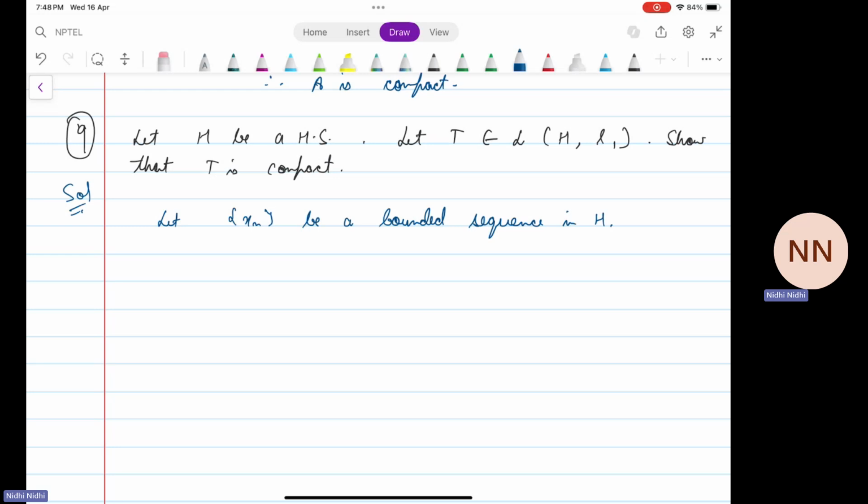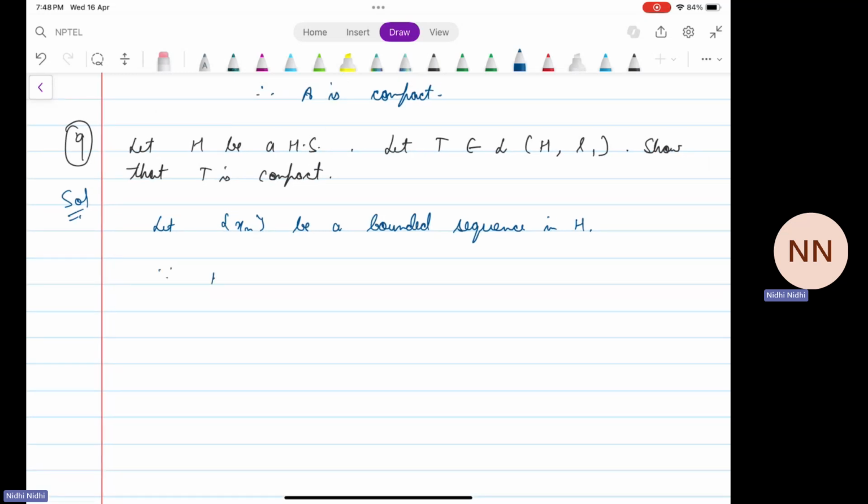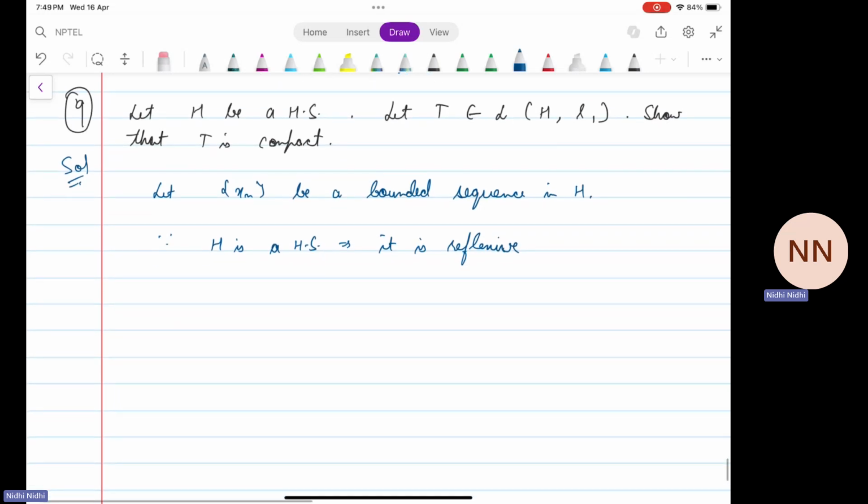Now, since x_n is a bounded sequence in H, where H is a Hilbert space, which is reflexive, hence it will have a weakly convergent subsequence. Since H is a Hilbert space, it is reflexive, and in a reflexive space we know that the closed unit ball is weakly compact.